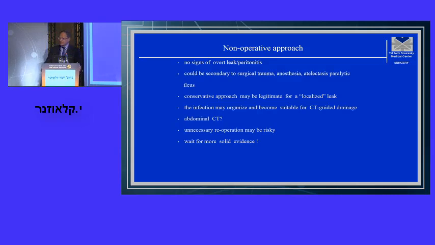It's funny, people usually hesitate to give a cup of tea to such a patient, but they don't hesitate to give 3 liters of contrast material and blow the abdomen, even with the knowledge that leakage is demonstrated in only 50% of CT under these circumstances. Also, unnecessary reoperation in such an elderly patient may be risky, and let's wait for more solid evidence. Please vote.